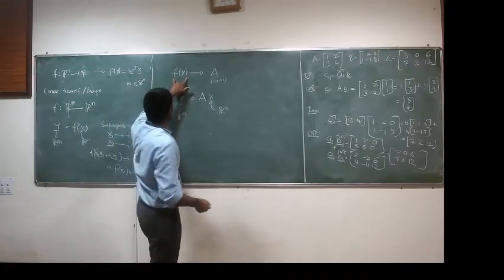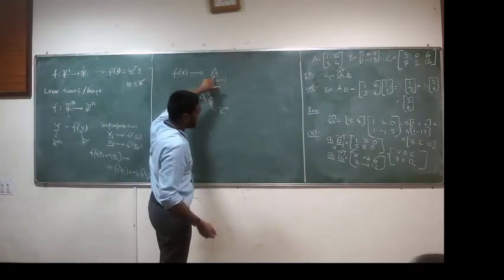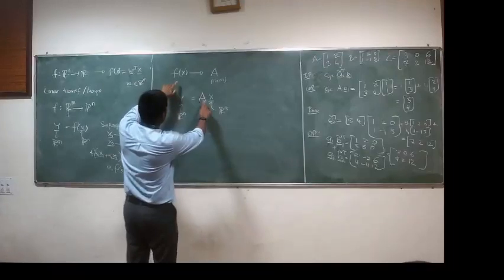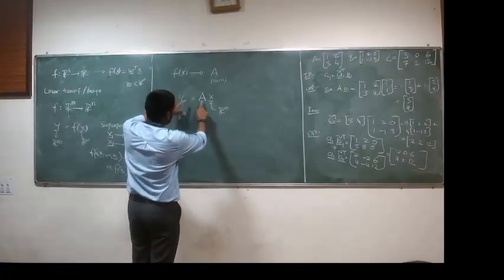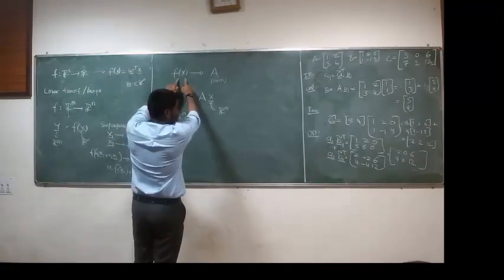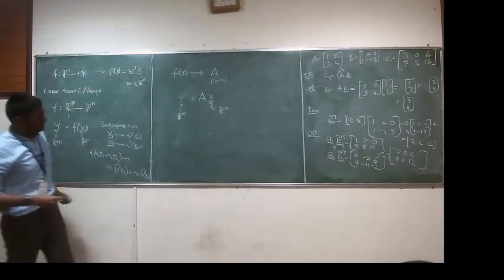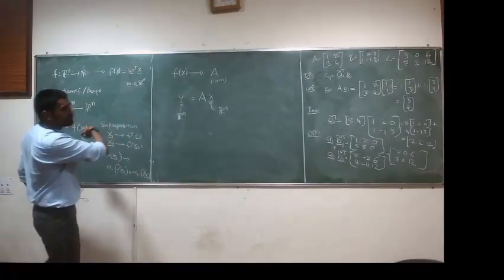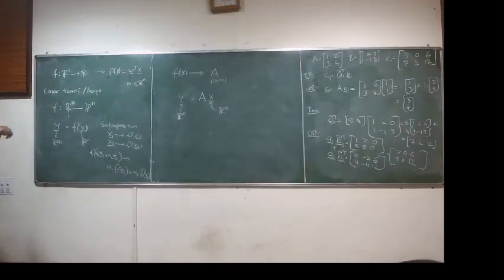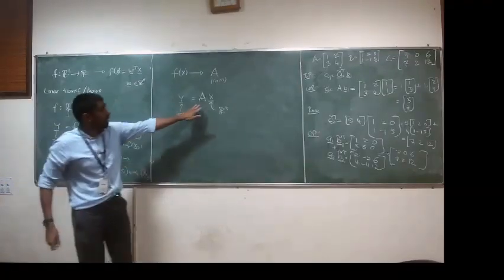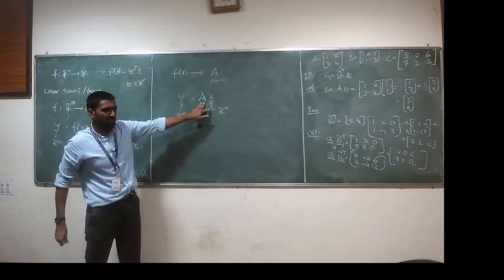So if this is a linear function, you can always find a matrix A such that if you do A times x, y will always be equal to f of x. So one of the uses of matrices is they represent all possible linear transformations.